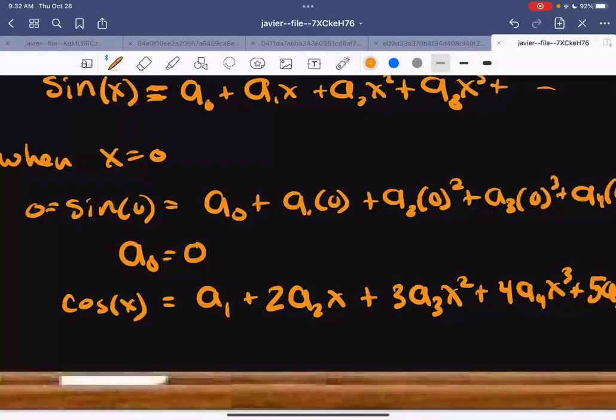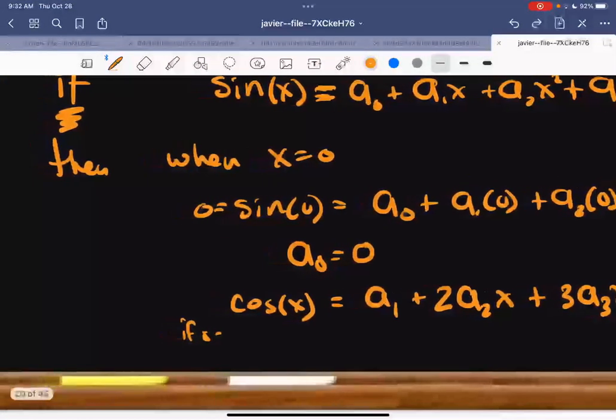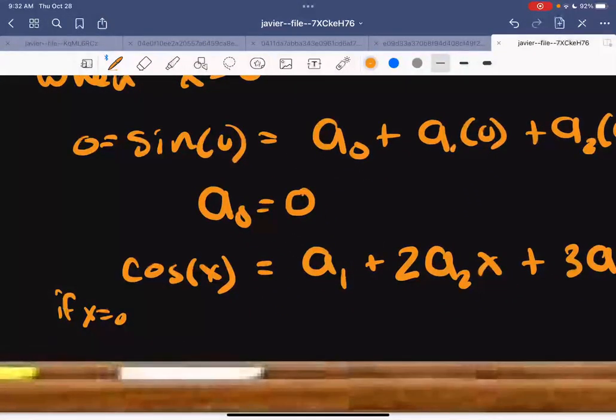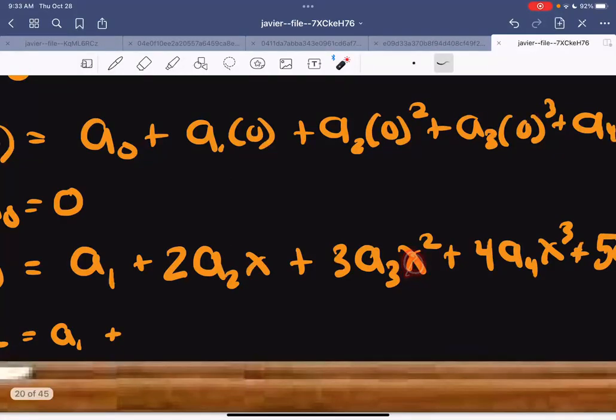And now, if x is equal to 0, what does that tell me? That tells me that cosine of 0, that's 1, is equal to a1 plus, oh, here we go. This guy's going to go to 0 because I'm going to plug in 0 here. This one's going to go to 0 because 0 squared is 0 times that is 0.